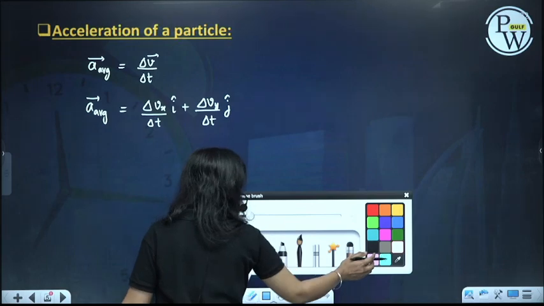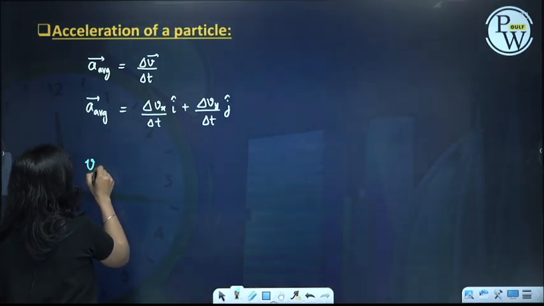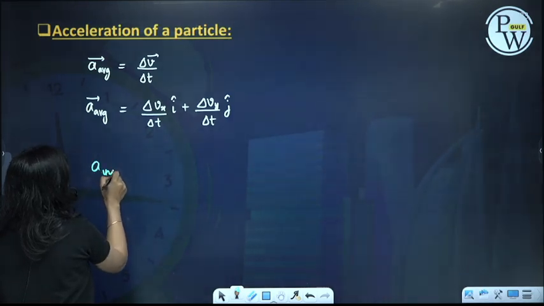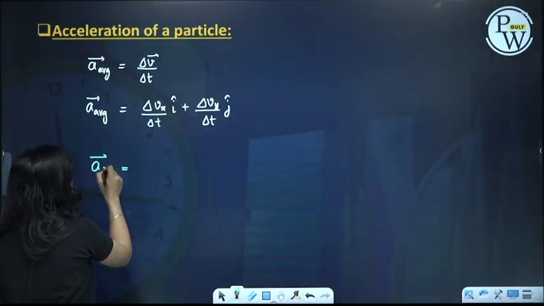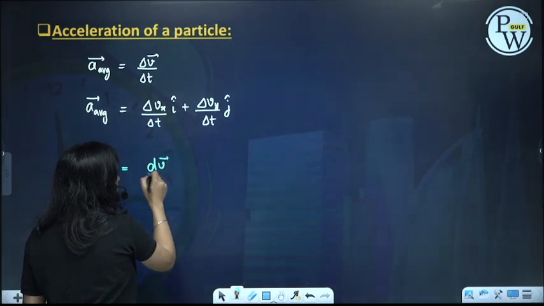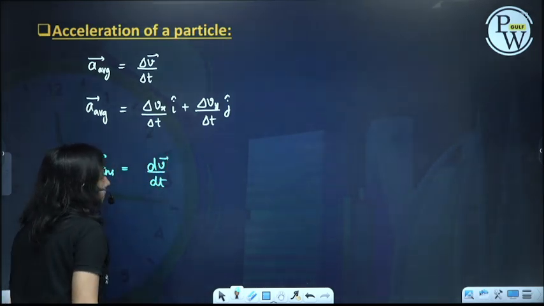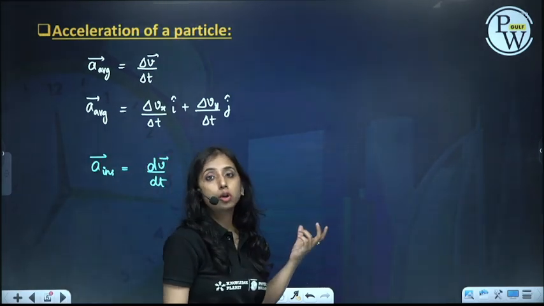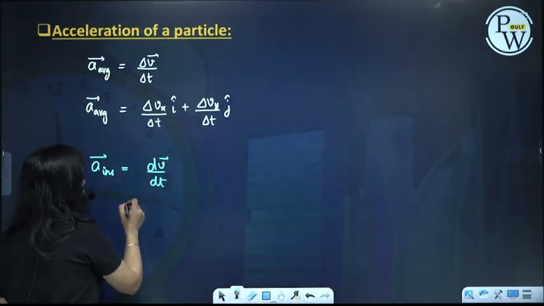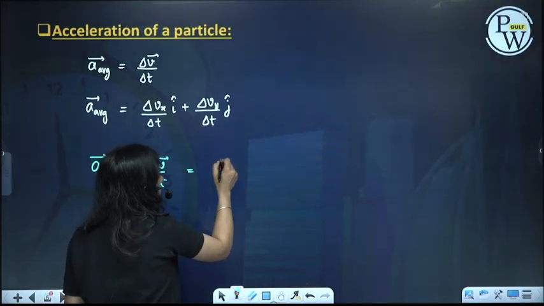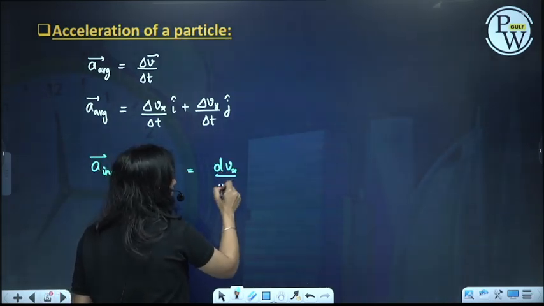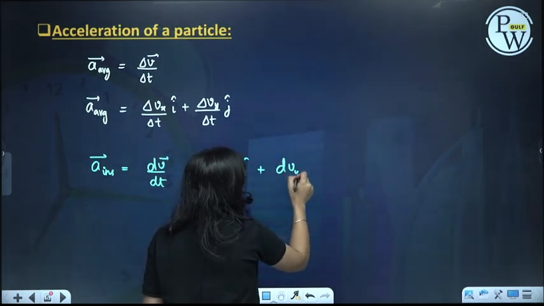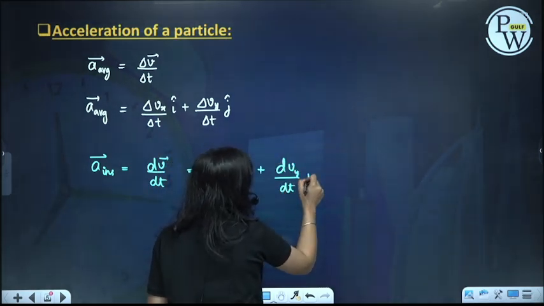But if we have to define instantaneous acceleration, it is the rate of change of velocity vector. Now substitute the velocity vector, it will become dvx by dt i cap plus dvy by dt j cap.